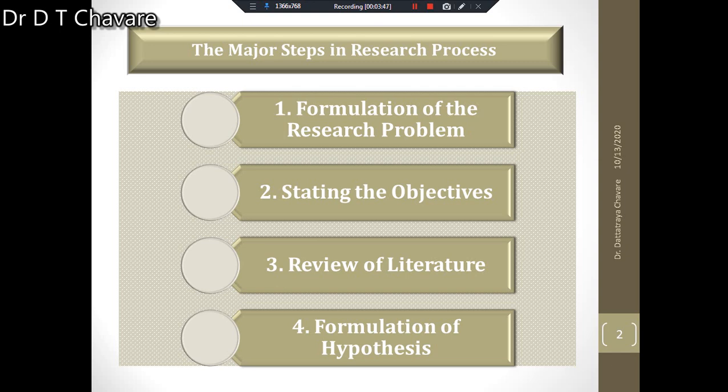Third, specifying the question. The principal research problem is rephrased into meaningful terms and sharp questions pointing towards the class of variables related to the problem and guiding the research process.